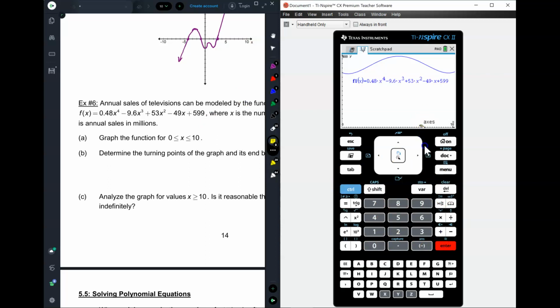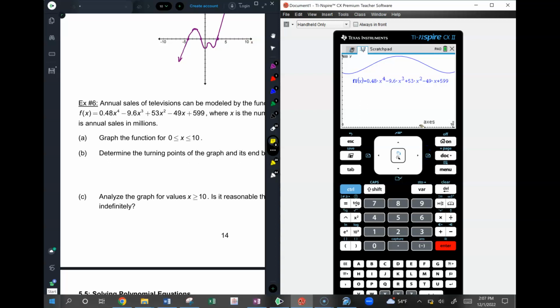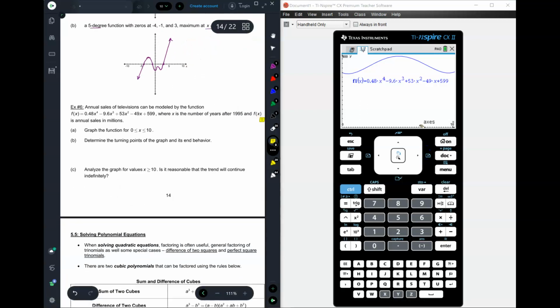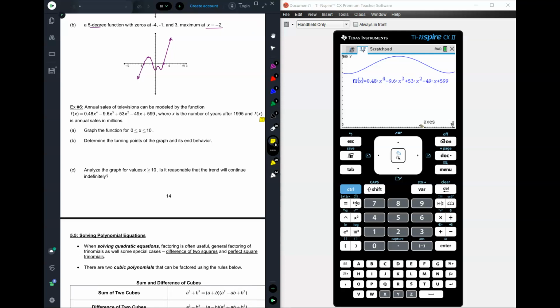How do you know that it's 0 for the Y min? Look at what this is telling you. x is the number of years after 1995. f of x is the annual sales in millions. f of x, the y values, are the sales. Well, you're not going to have less than 0 sales, right?